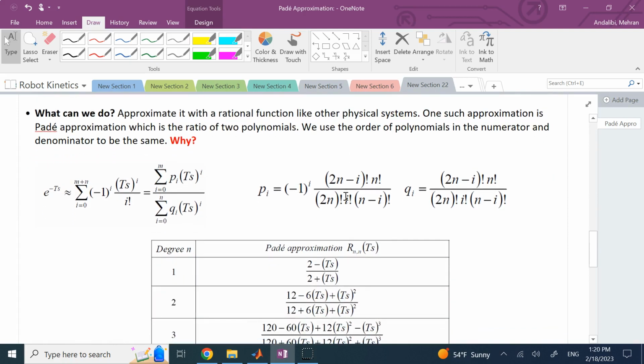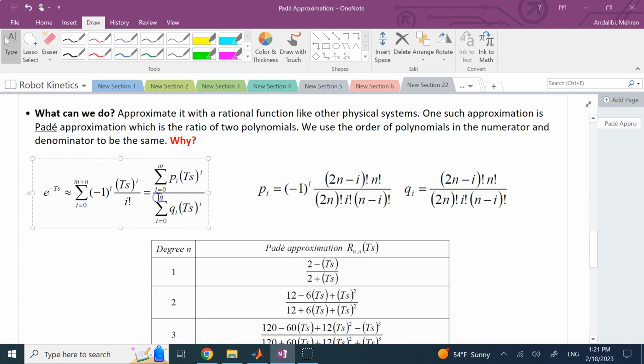So there are different ways to approximate an exponential with a rational function. One of them is the Taylor series, and the other one is Padé approximation. And Padé approximation is typically the one that is used in control systems. The goal of this Padé, as I said, is to replace your exponential with a rational function of two polynomials.